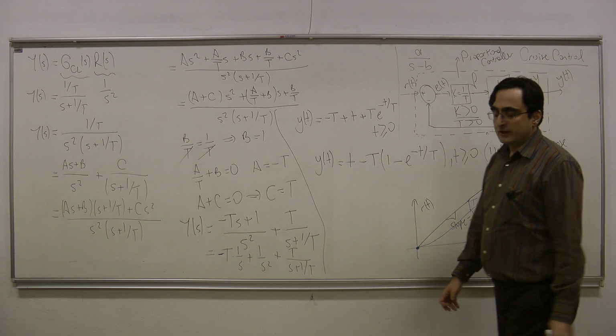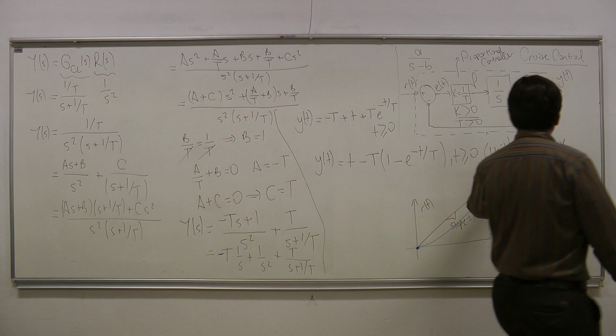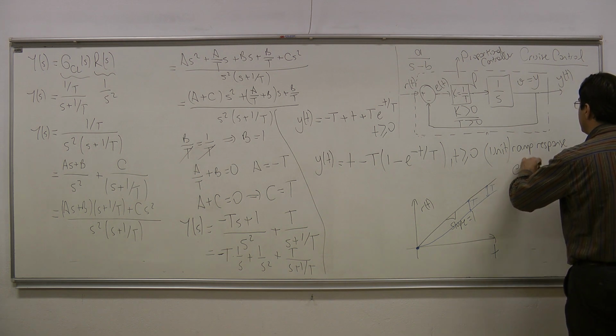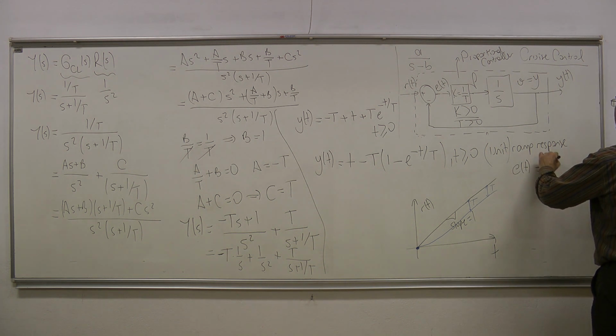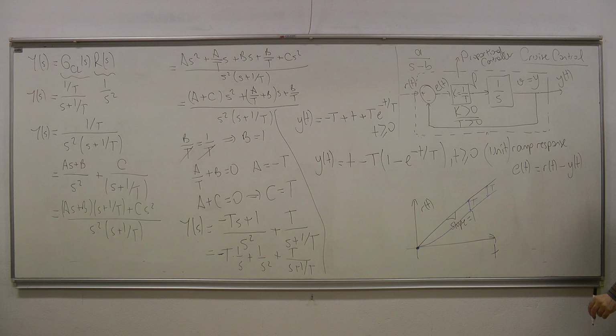But what about the steady state error? Steady state error is the limit of e of t, which is r of t minus the actual output, y of t. Okay?